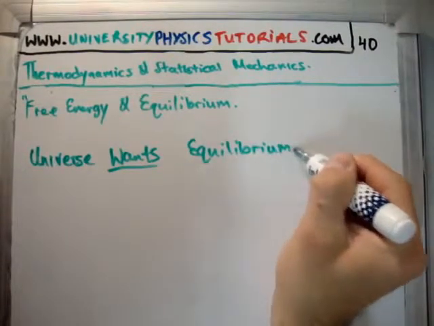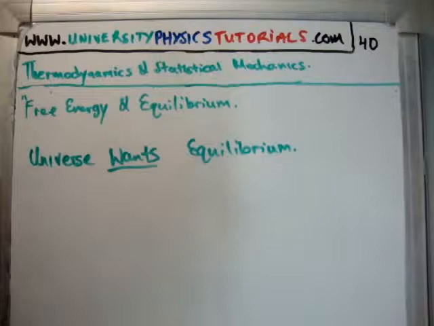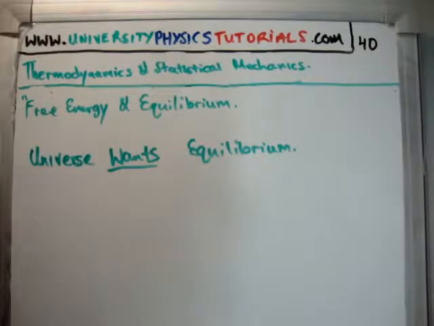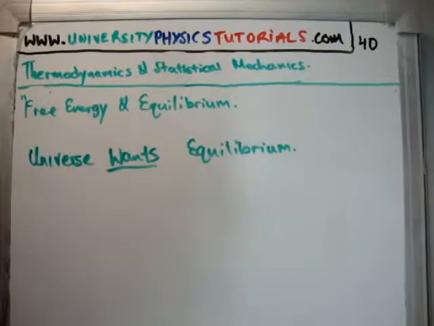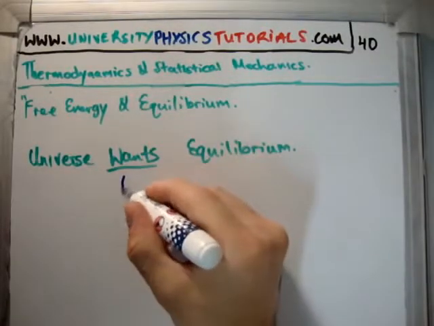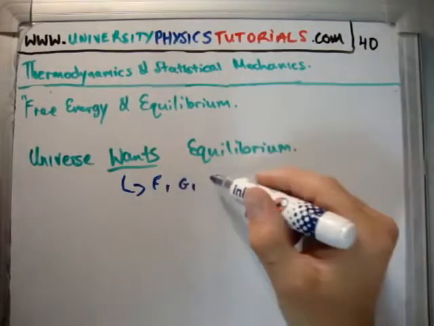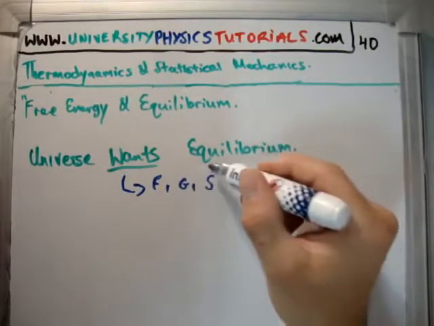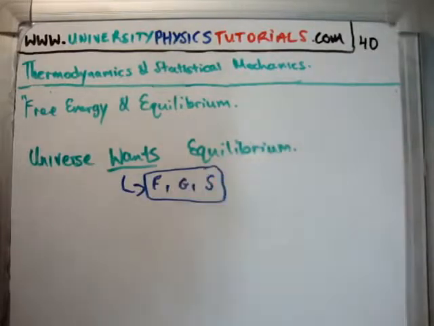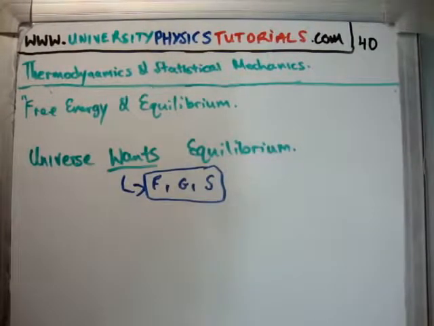That's what drives most, if not all, of the situations in the universe. So we want equilibrium. Now, in terms of the Helmholtz free energy F, the Gibbs free energy G and the entropy S, how do we get the universe in equilibrium? That's what we're trying to find out.